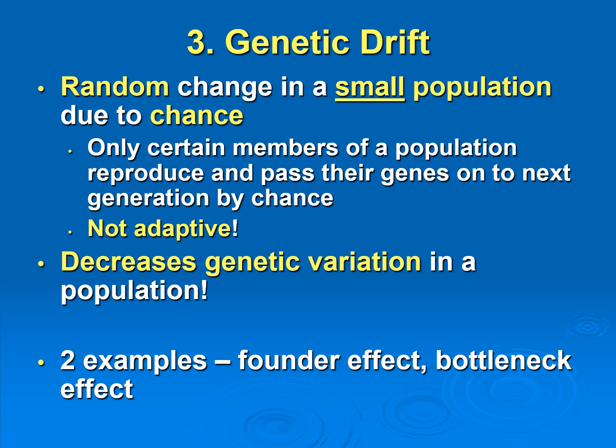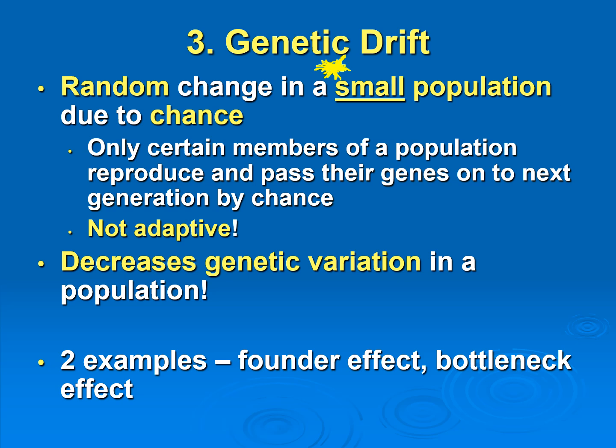Okay, another thing that can cause evolution to occur and can cause the population to evolve or change is something called genetic drift. And genetic drift is going to be important when we've got small populations. So that's important to remember, that genetic drift is going to occur in a small population.